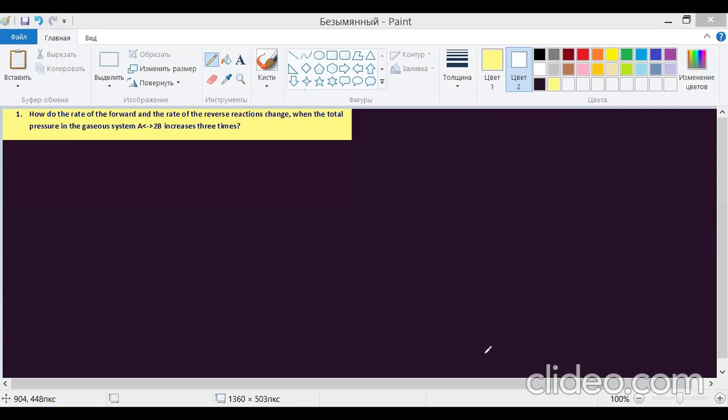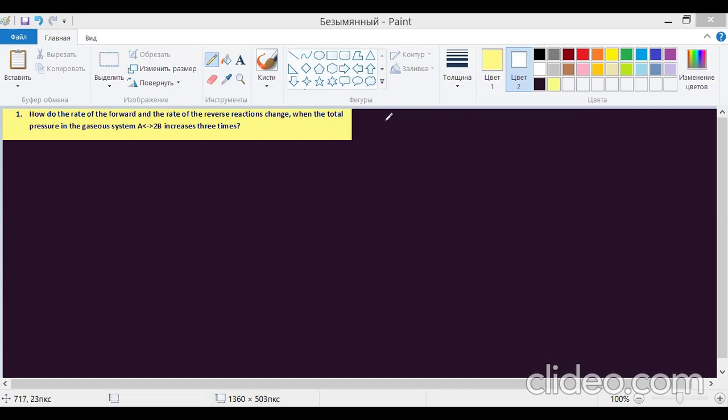Of course, by saying vice versa, I mean the dynamic equilibrium between 1 mole of A and 2 moles of B. Okay, so we have a system where this chemical reaction occurs. And it changes because the total pressure of the system goes up 3 times. And the question is how the rates change. Okay, let's do that.